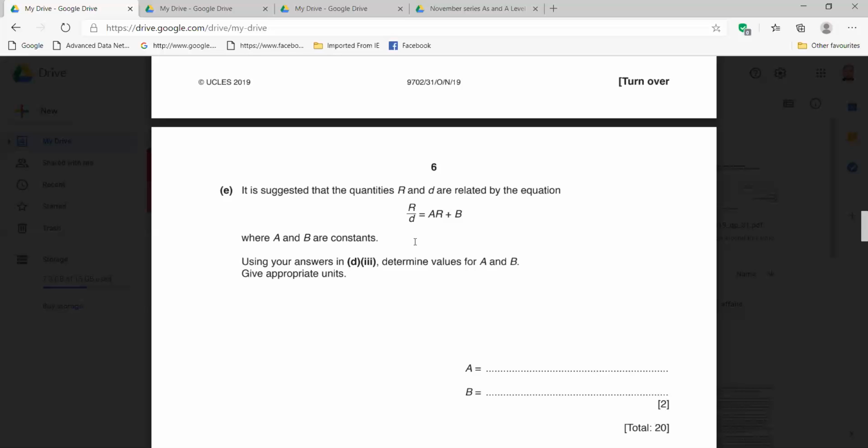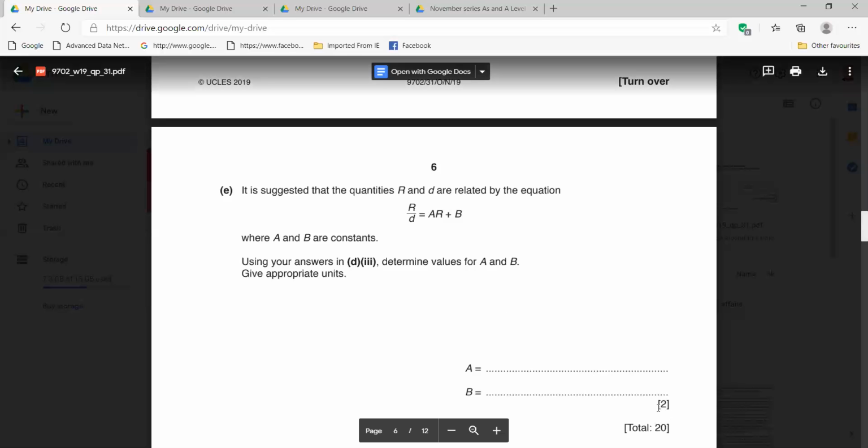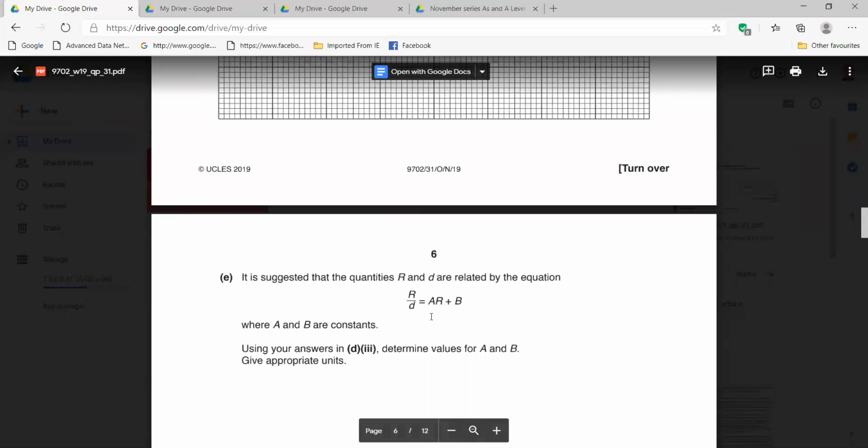Ohm per centimeter. So whatever value you get for the y-intercept, beside it you write ohm per centimeter. So you are getting 2 marks. If you just put the numerical values, you get 1 mark, and for the units you get another mark. So this way, 2 marks.